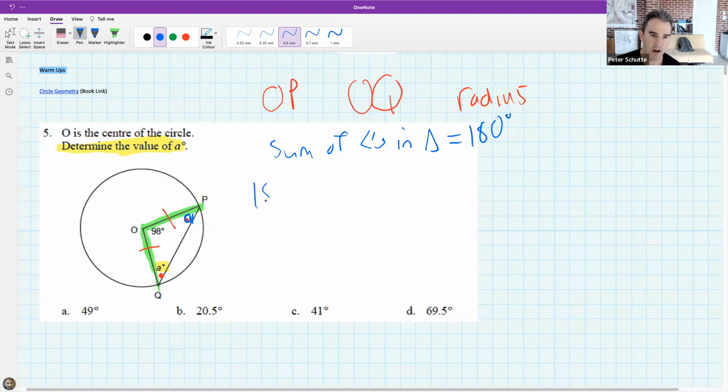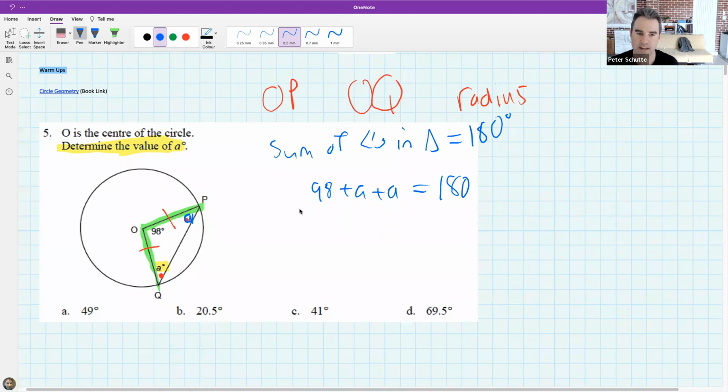And then we know 98 plus A plus A is equal to 180. So those three angles add up to 180. Then we can solve for A.